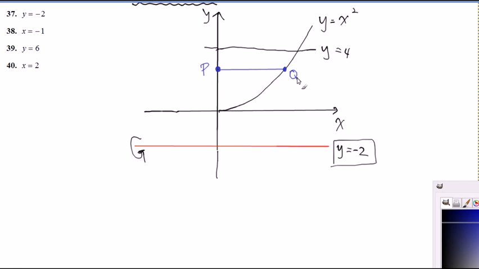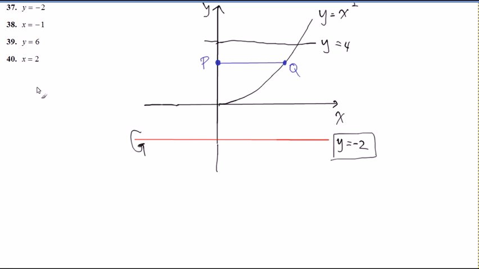Q always uses the same formula, right? And P is always 0 in x coordinate there, so that's going to be it. So if you rotate this one, then you're going to get PQ here, rotate around like that, right? And what is this line in here? That's what you have to be careful about. What is this line? y equals -2. That's the axis of rotation, right? y equals -2.